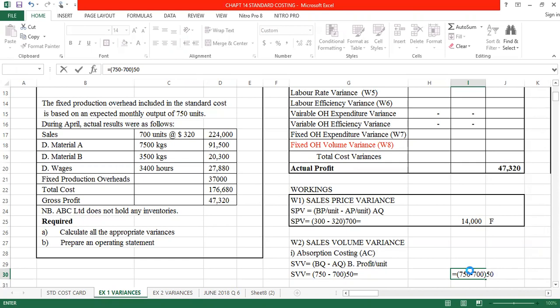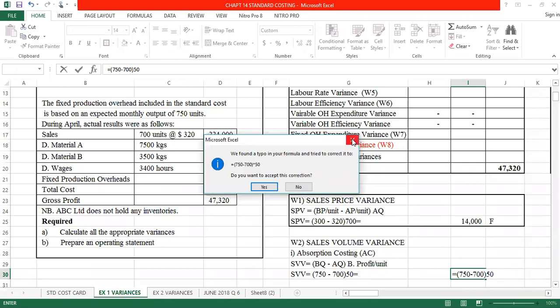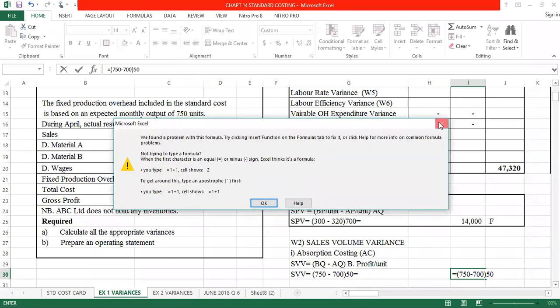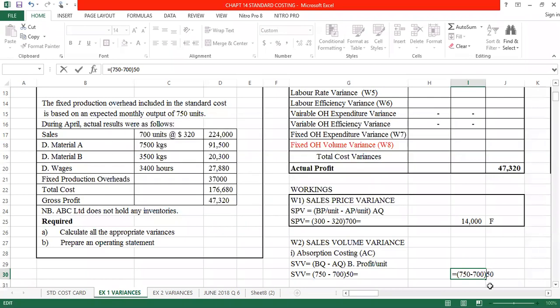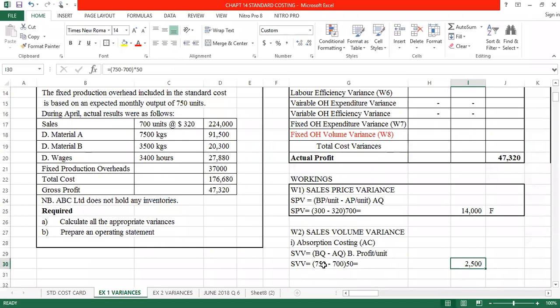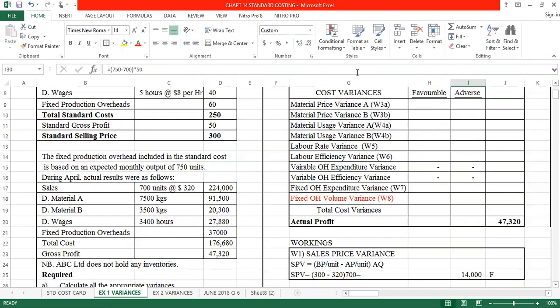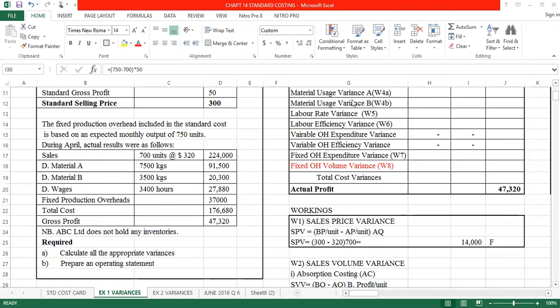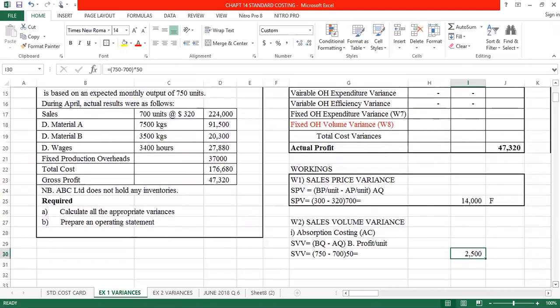So F or A? We had budgeted to sell 750. We actually sold 700. Did we gain or did we lose? Remember, I had explained this in the last class.